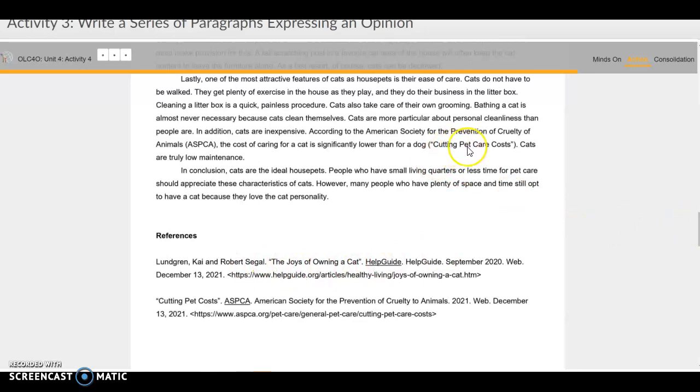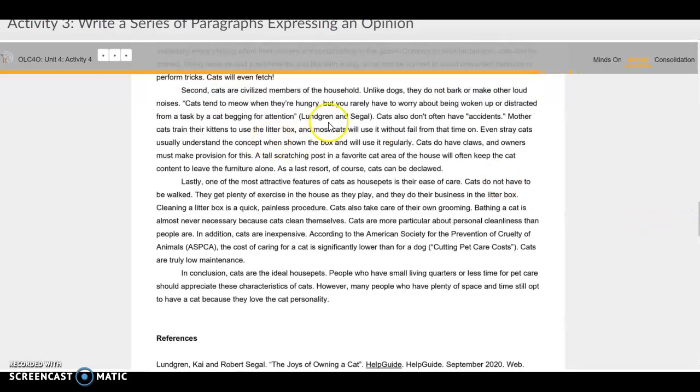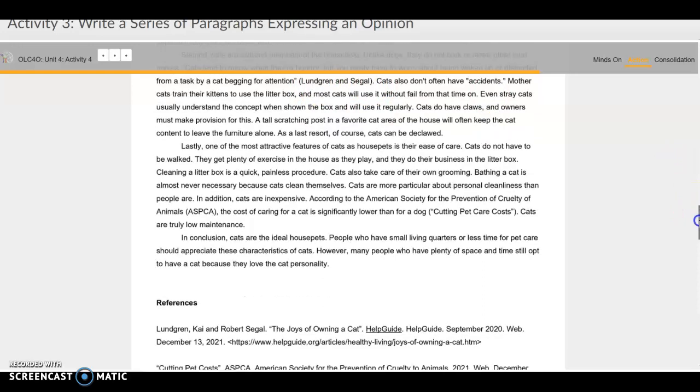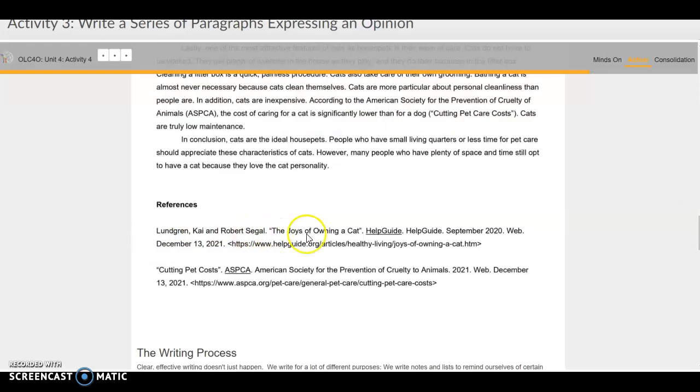So I can see "Cutting Pet Care Costs" right here, and then I've got the full source for where I can find that article, and then I have the author's last names here, Lundgren and Siegel, and then I can see the reference Lundgren and Siegel here, and I can find the actual article online because I've got all the information.